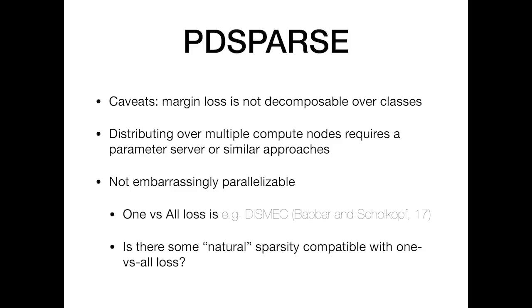Of course, they have some more, but the very recent DiSMEC is essentially using this one versus all based loss. Now the issue with the margin based loss, which is connected to this MCL sparsity, is that it's not decomposable. And so the question we were asking is, can we still use this one versus all loss and still have a natural sparsity assumption that's associated with it?